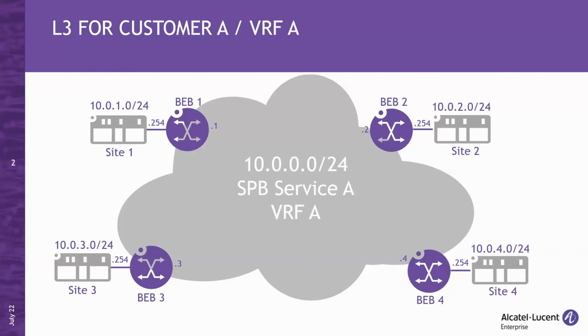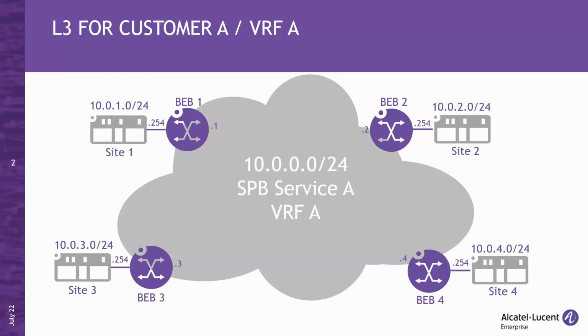The diagram illustrates an example of a Layer 3 service connecting 4 of customer A sites, sites 1 through 4. You will notice that each site uses a different subnet and therefore inter-site routing is required. BEB nodes connecting customer sites are represented with router icons for simplicity.